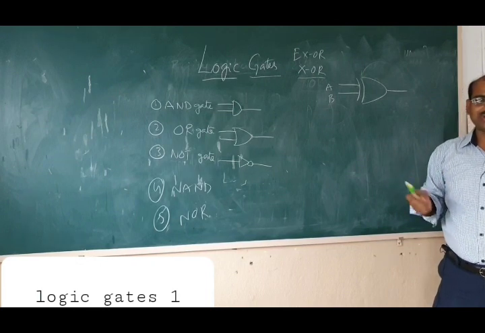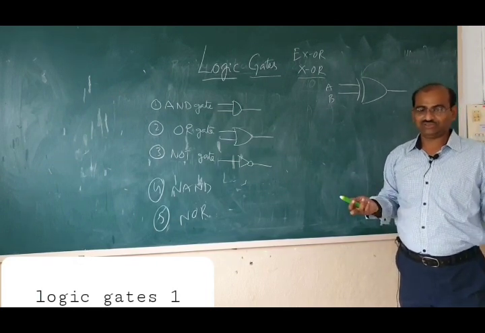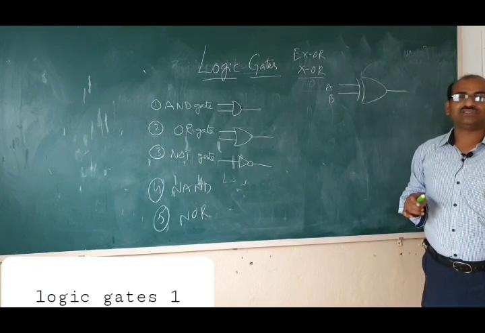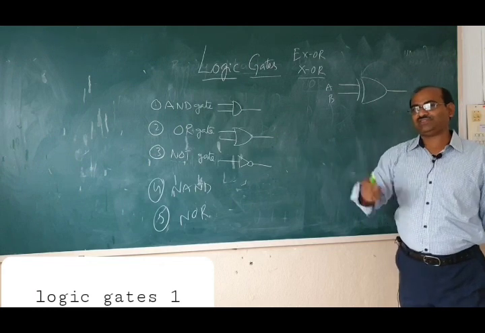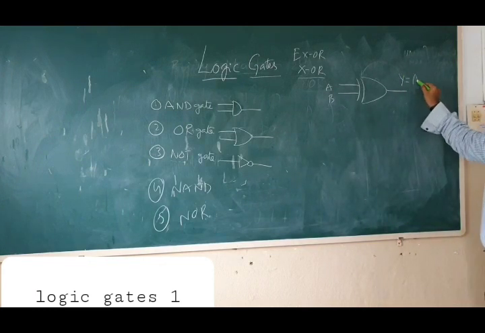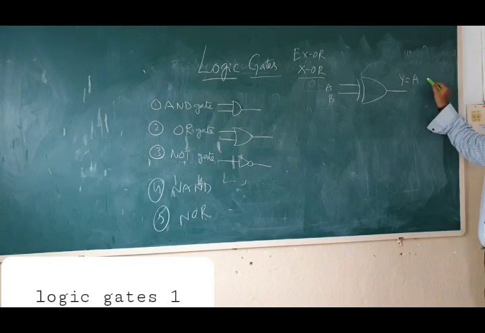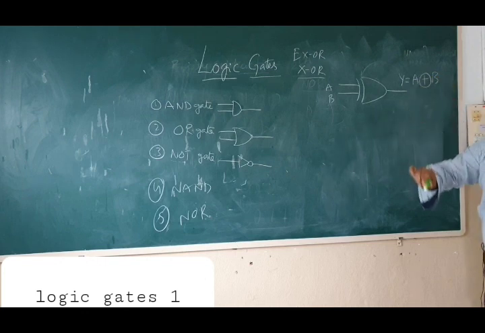Exactly, the exact OR definition we use, right? Y is A XOR B. What is the symbol for OR? This one. Now XOR will take care.